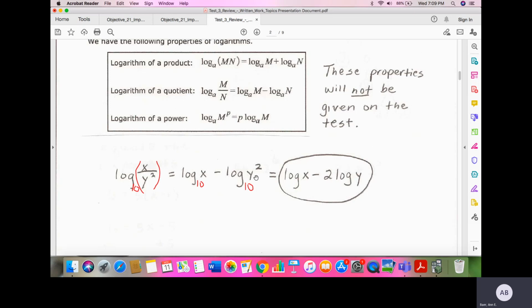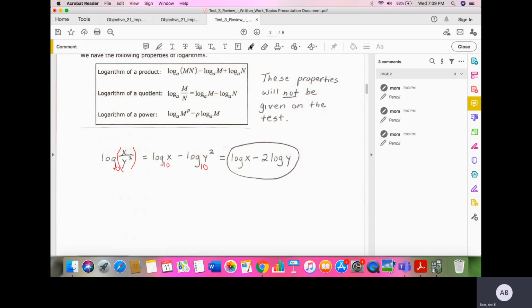It's base y raised to the power 2. So what does this property say? This property says that we can take this power, what's in the exponent, and drop it down front on the normal line of writing.